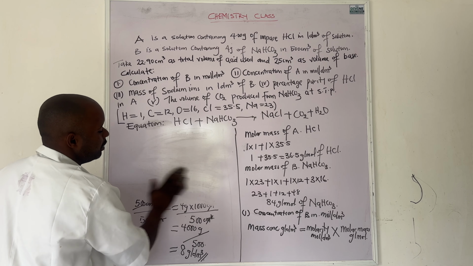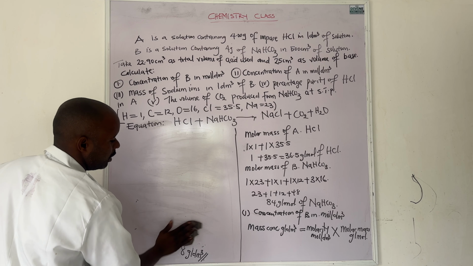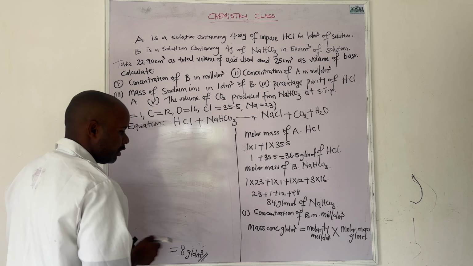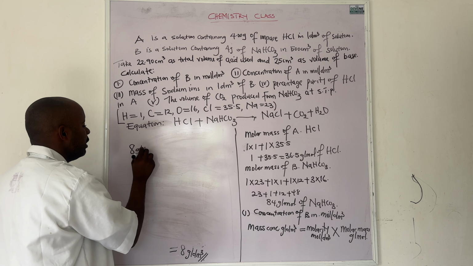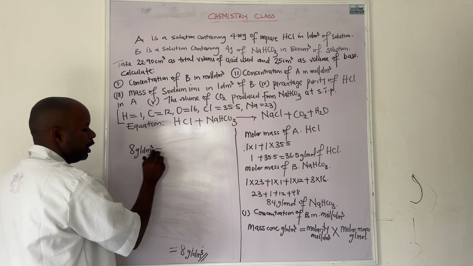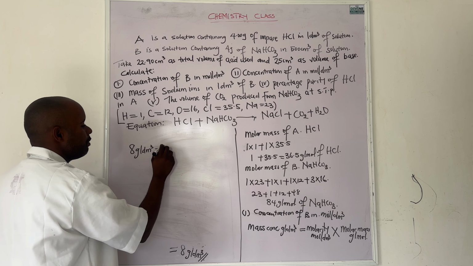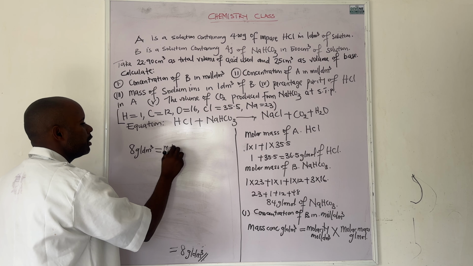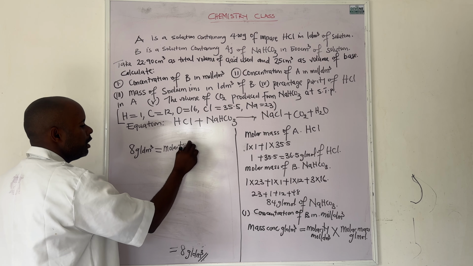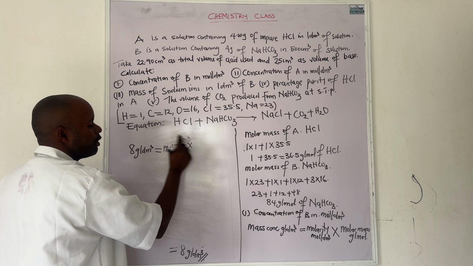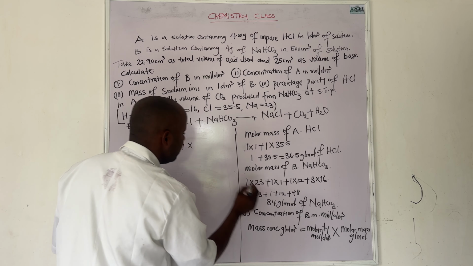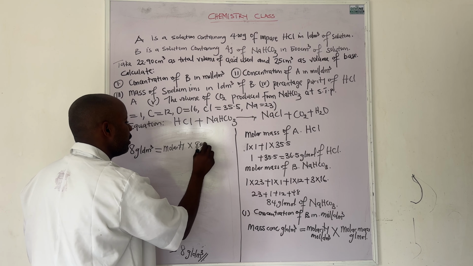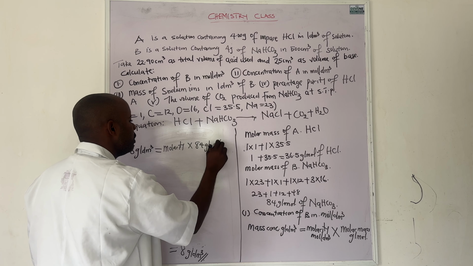So now we can move automatically. We said the mass concentration of B is 8 gram per dm cube, equal to molarity. We're looking for molarity, which is the concentration. Molarity times the molar mass of this sodium hydrogen trioxocarbonate, which is 84 gram per mole.